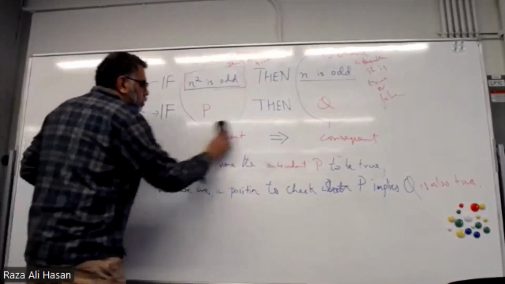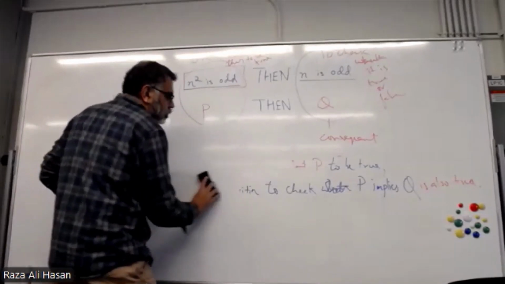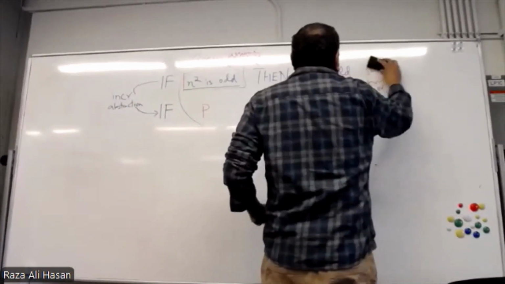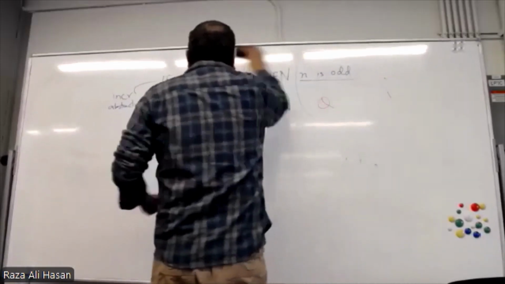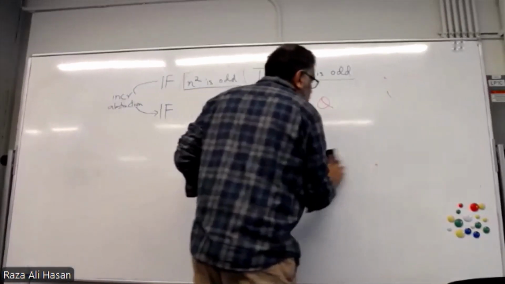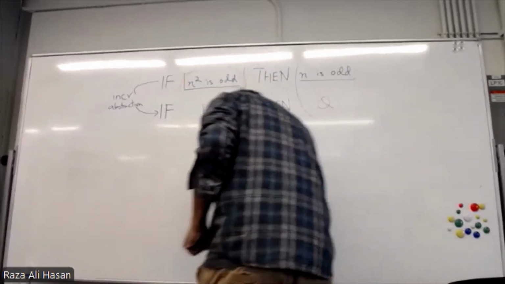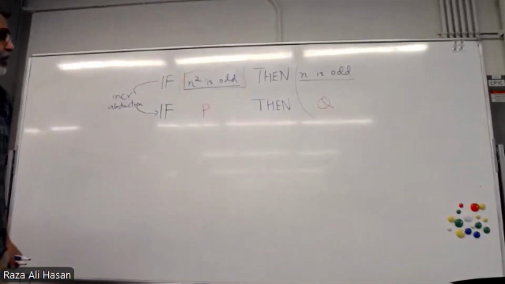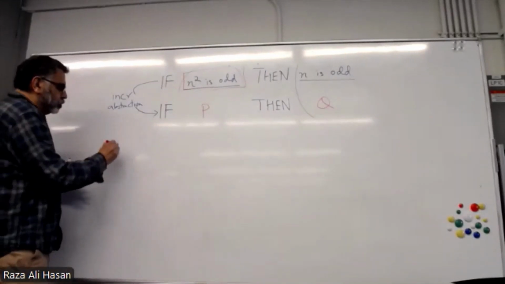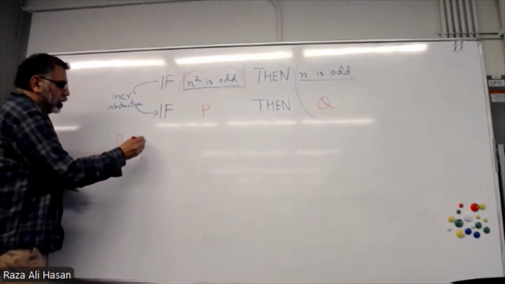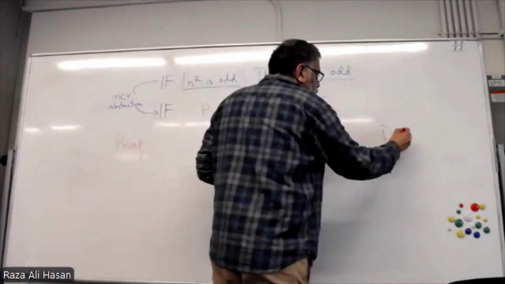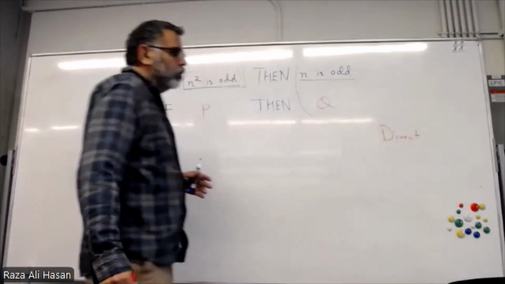So we're given the implication if P, then Q, and we have to write a proof. At this stage, we're doing a direct proof. Oh, we're not doing proof by contradiction?